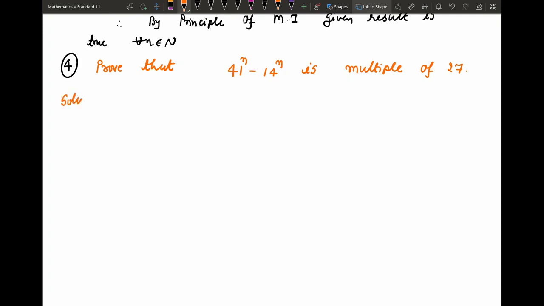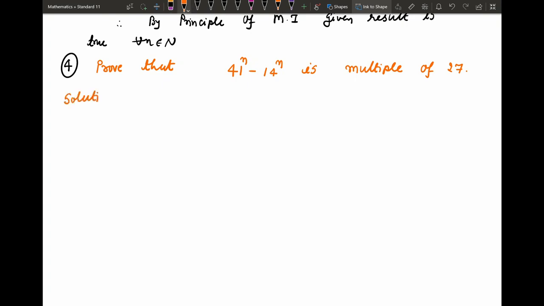So let us prove this result. It is one and the same whether you say it is a multiple of 27 or that it is divisible by 27.